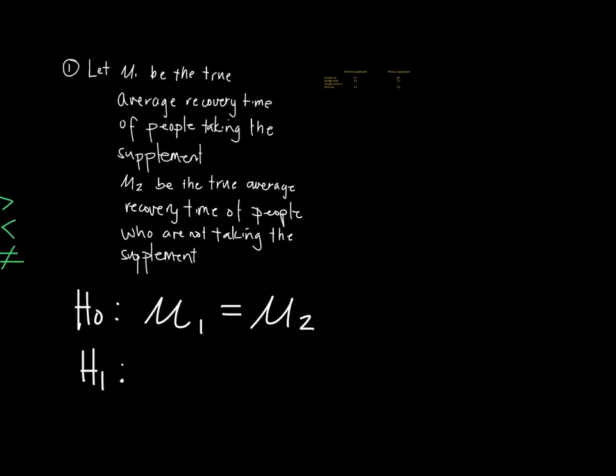So this is where the assigning of the variables is very important. Take note that mu1 is for the people who are taking the supplement, and mu2 is the average recovery time for the people who are not taking the supplement. So if what we want to test is whether it reduces the time, then we are trying to see whether mu1 will become less than mu2.